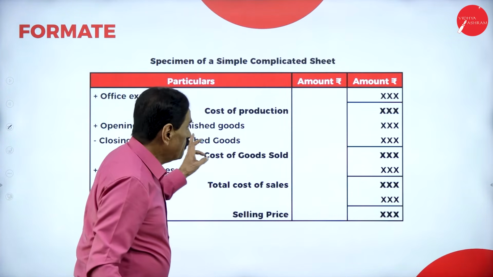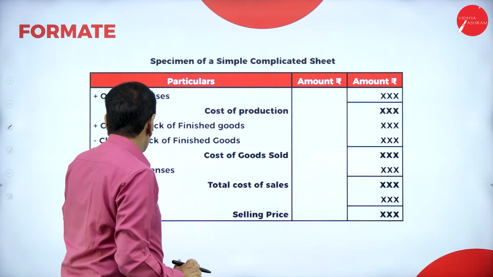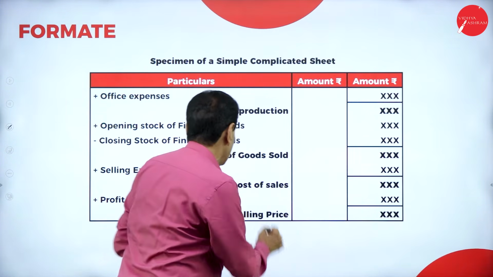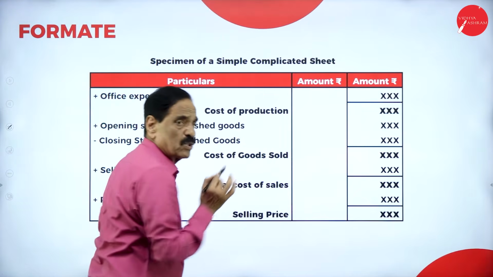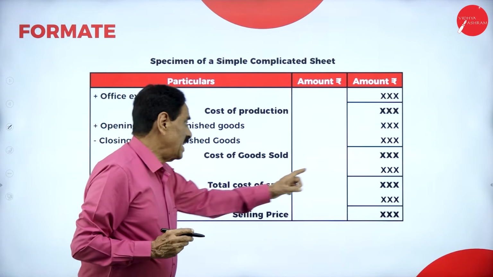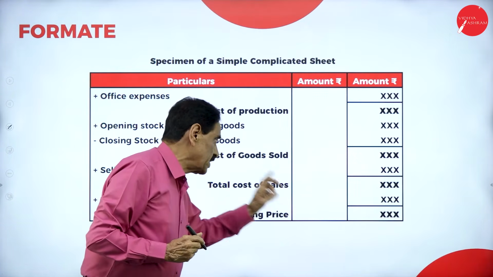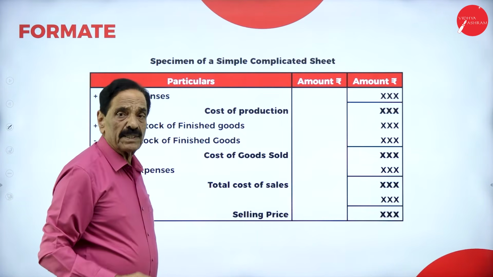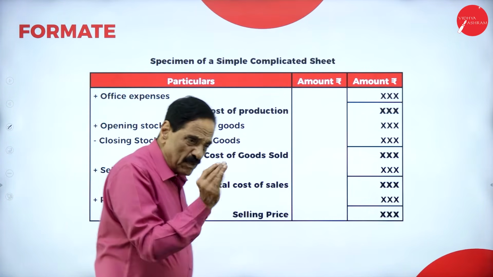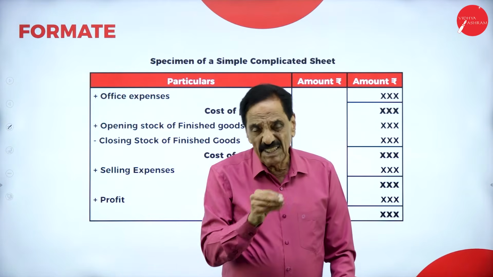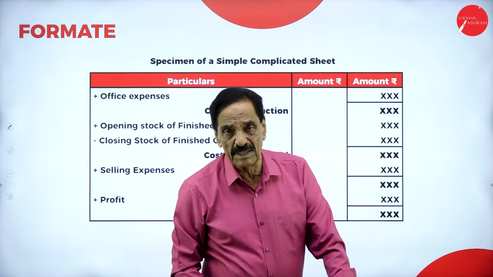Add opening stock of finished goods minus closing stock of finished goods, it is called cost of goods sold. Add selling expenses, total cost of sale. Add profit, it becomes the selling price. This is a little bit complicated cost sheet, whereas the first one is the simple cost sheet.